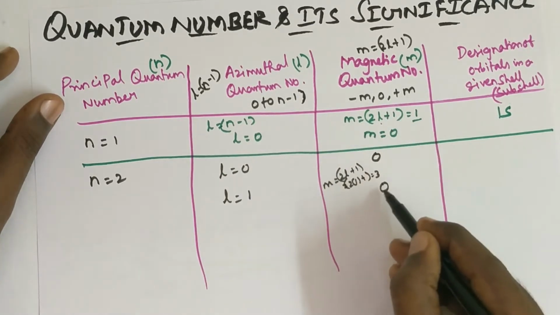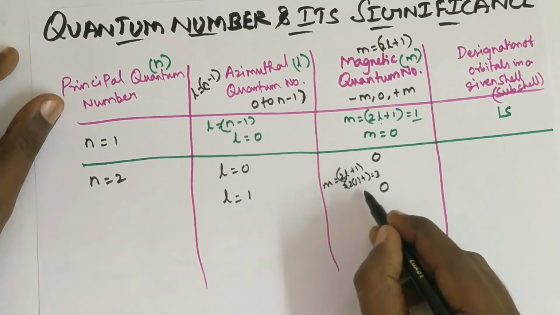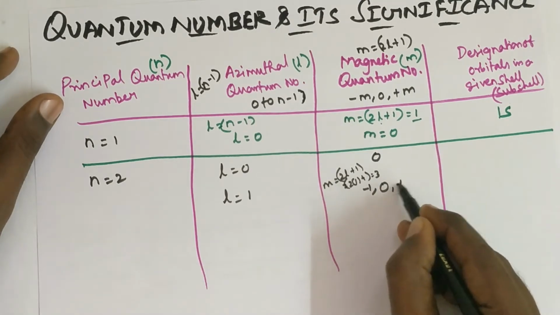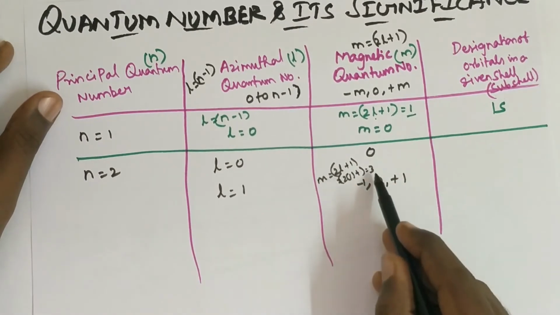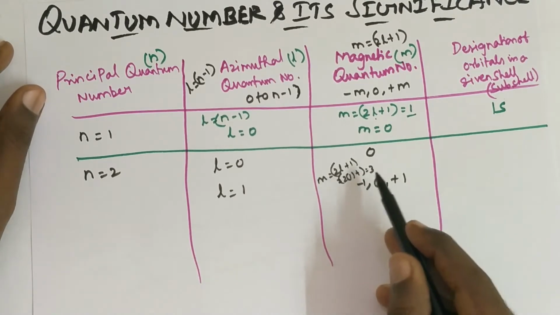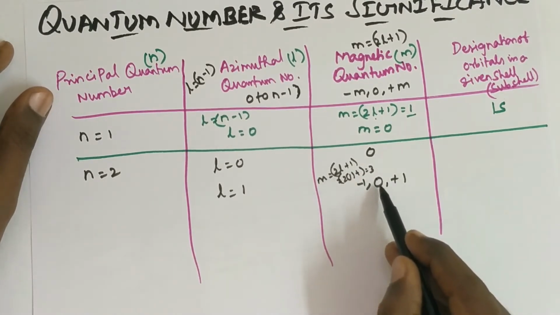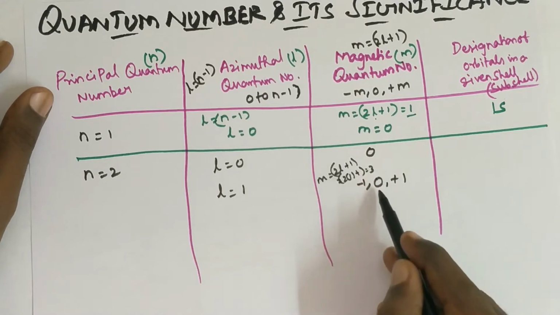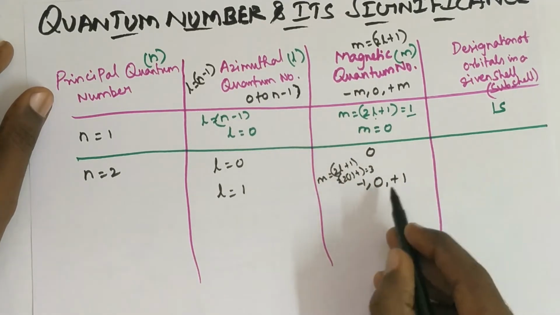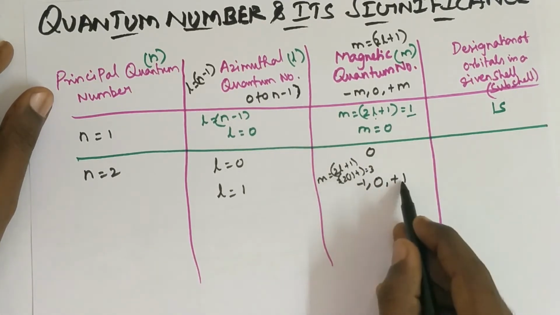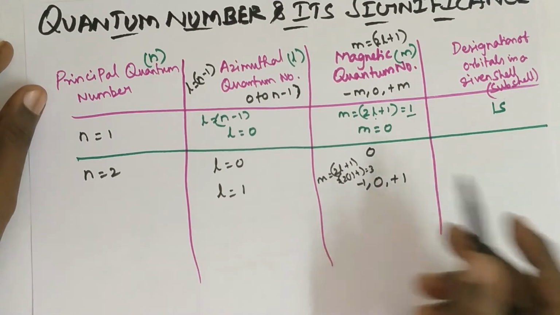Out of 3, 1 we put 0, balance we have 2, so I write it as minus 1, plus 1. So orientation 3 means we write first the middle value 0, then the balance 2 as decreasing and increasing: minus 1, plus 1.